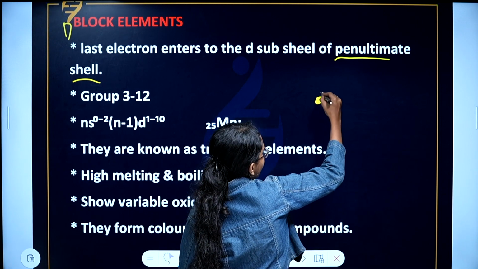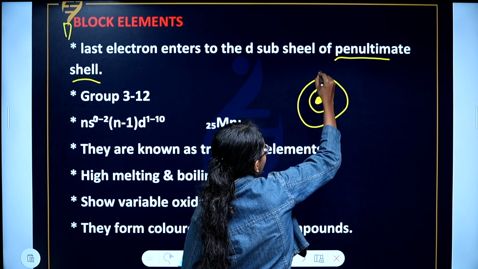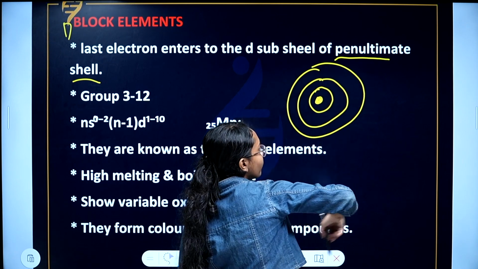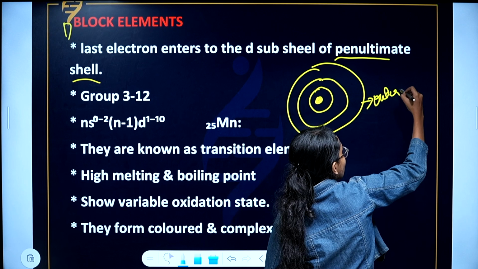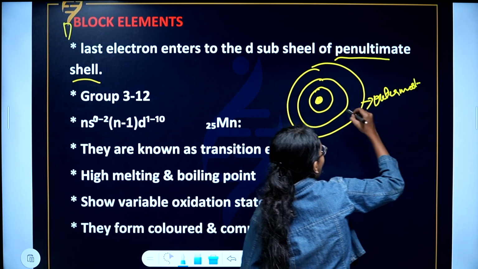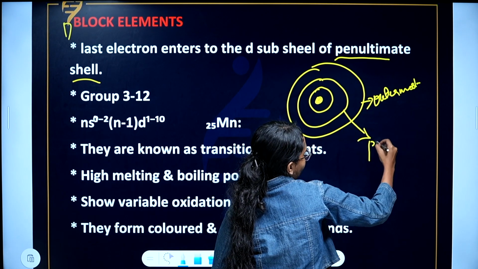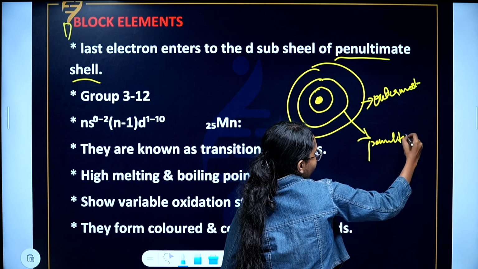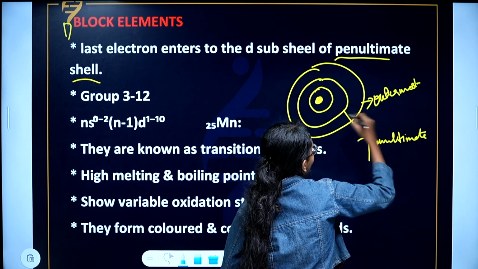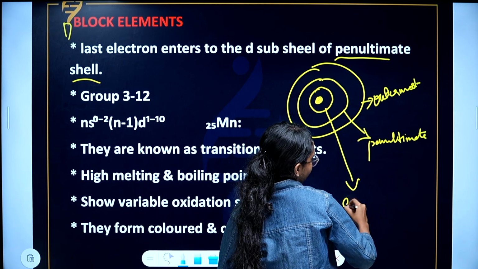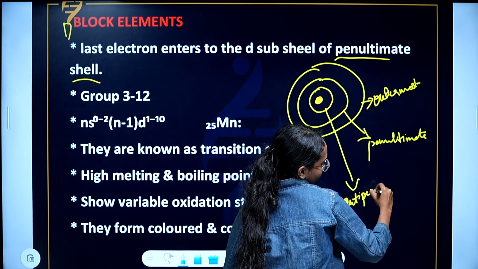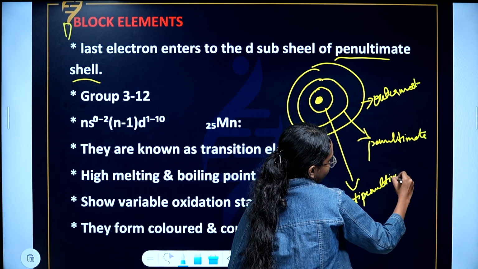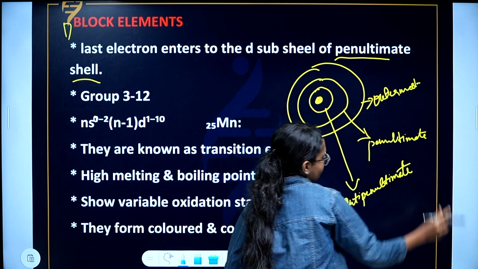Consider this is a nucleus, n equal to 1, n equal to 2 and n equal to 3. This is the outermost subshell, this is the penultimate subshell, and this is the anti-penultimate subshell.